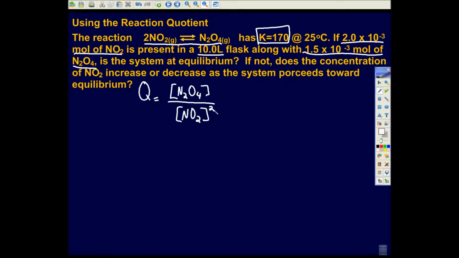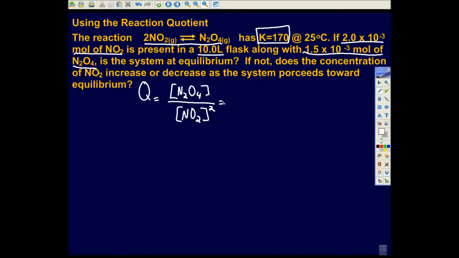Now I'm going to put values in for this and see if that ratio is going to reduce to 170. If when I put my values into this expression I get 170, I know it's at equilibrium. If I don't, then we have to decide which way it's going to go. So the first thing I need to do is solve for the concentration of both of these so I can divide.